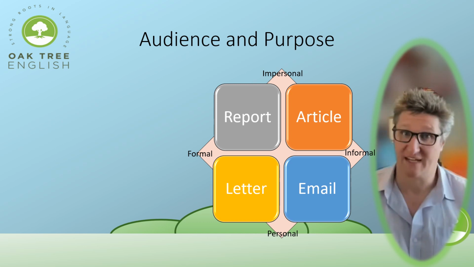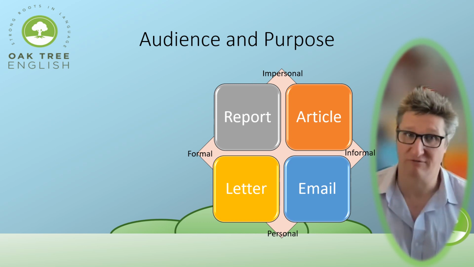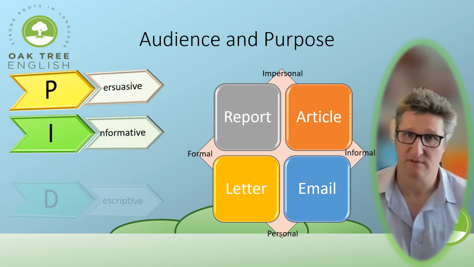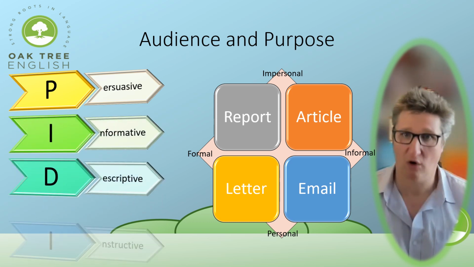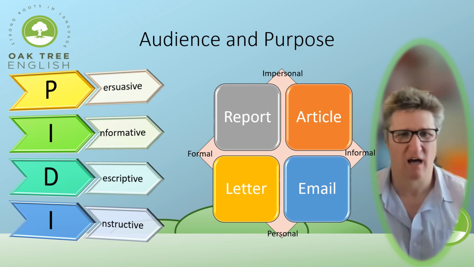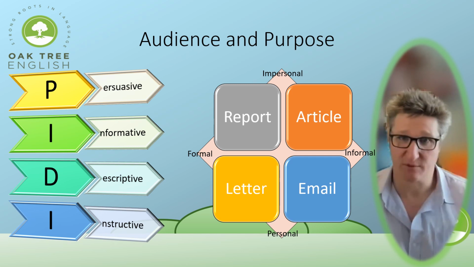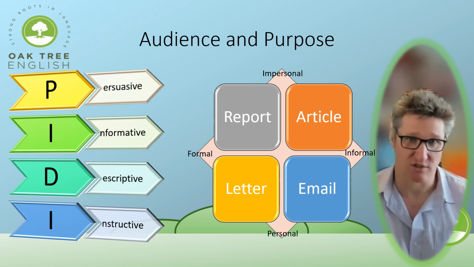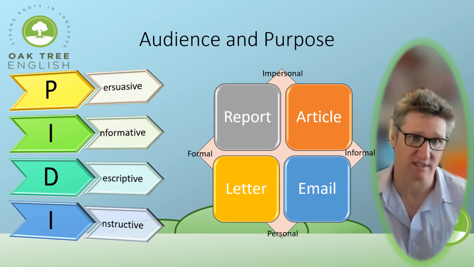The purpose of the text will fall into one of four rough groups: persuasive, informative, descriptive, or instructive. I like to think of this as a PIDI for short. Persuasive would include any advertising material. Informative would be something giving information, such as a health and safety poster at work.